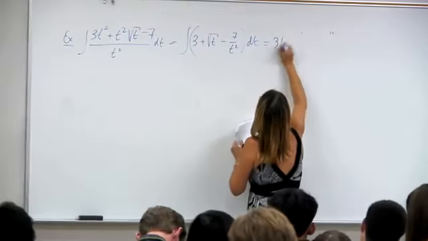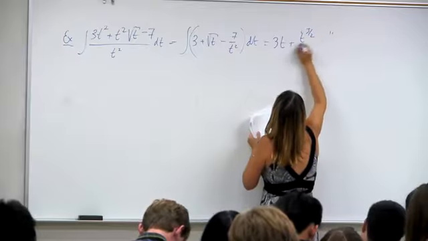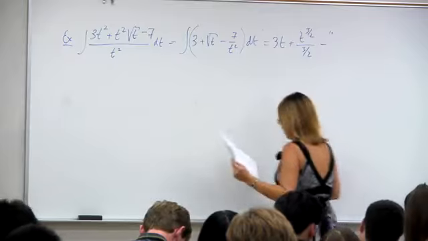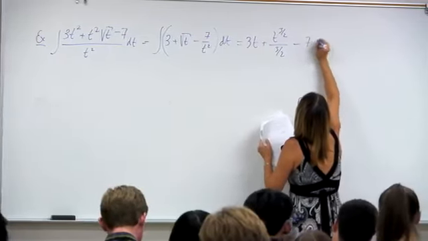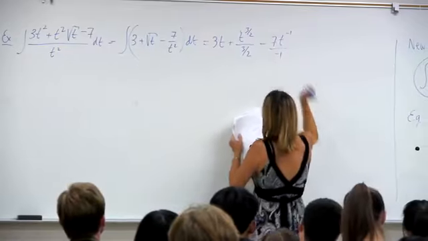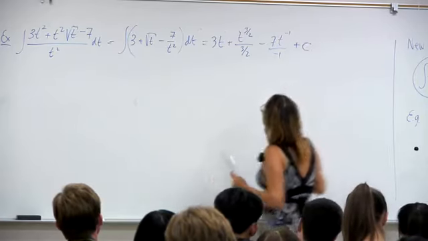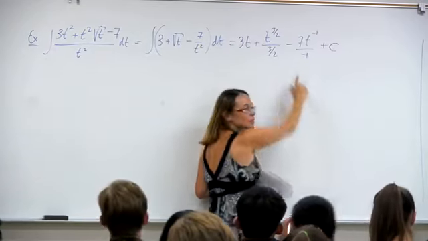So I get 3t plus t to the 3/2 over 3/2 minus 7t to the minus 1 over minus 1 plus c. Ideally, I want to simplify this by getting rid of minus 1.